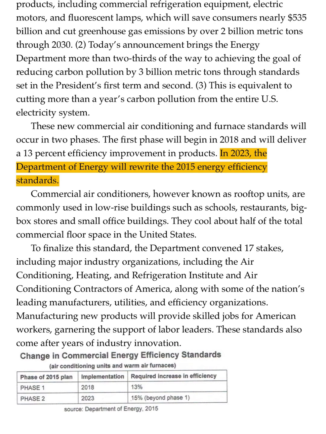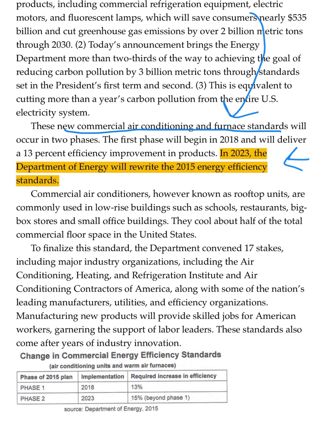So this question is referring to a specific part of the passage, which you can see in the highlighted section of this passage. It's basically this sentence here. We can see from the context of the passage, and especially the first sentence there, that this highlighted sentence will likely have to do with new commercial air conditioning and furnace standards.